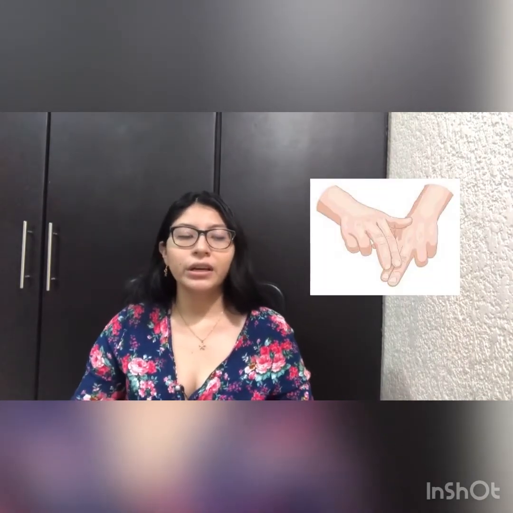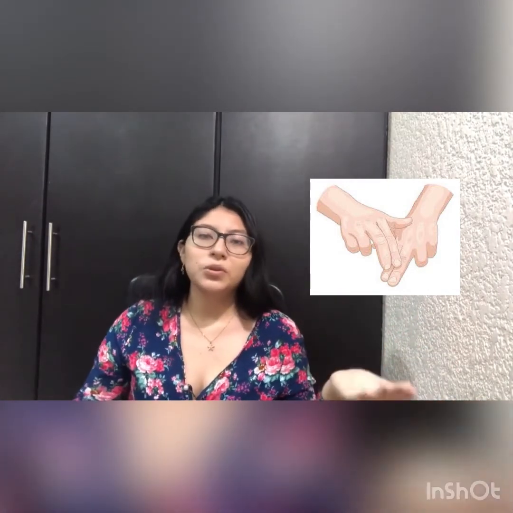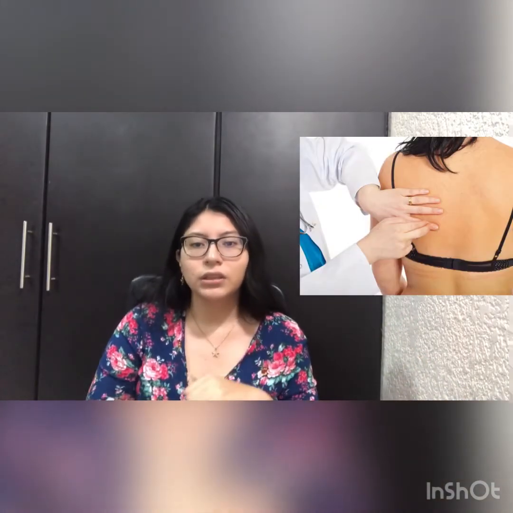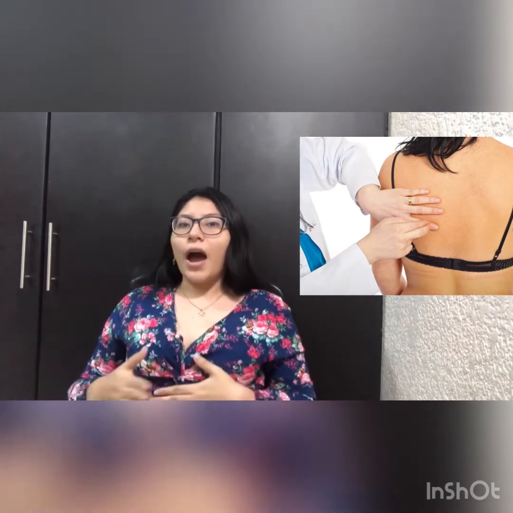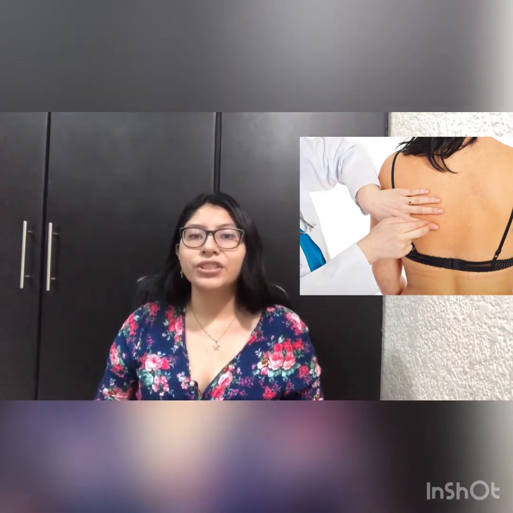And the third is percussion. This is when the examiner uses their hands to tap on an area of your body, and the tapping produces different sounds depending on what is under it. Depending on the sounds produced over your abdomen, your back, or your chest wall, your healthcare provider may determine anything from fluid in your lungs to a mass in your stomach.